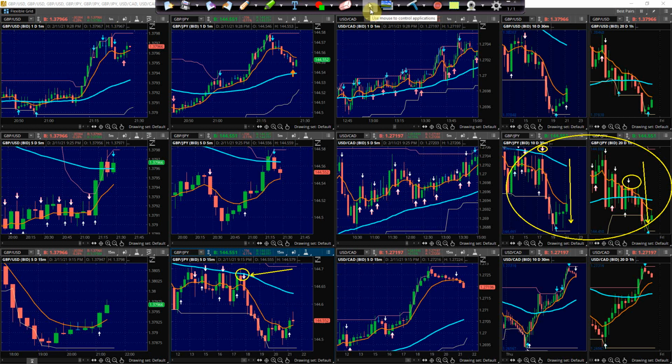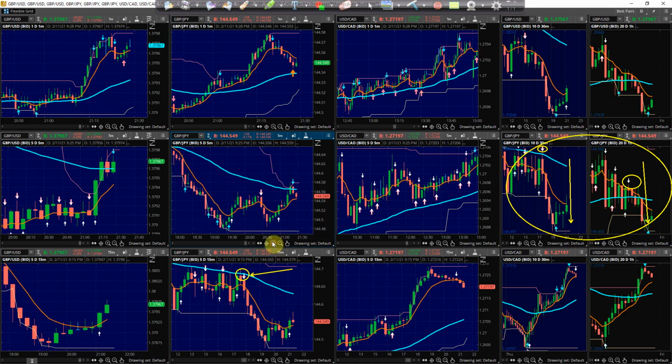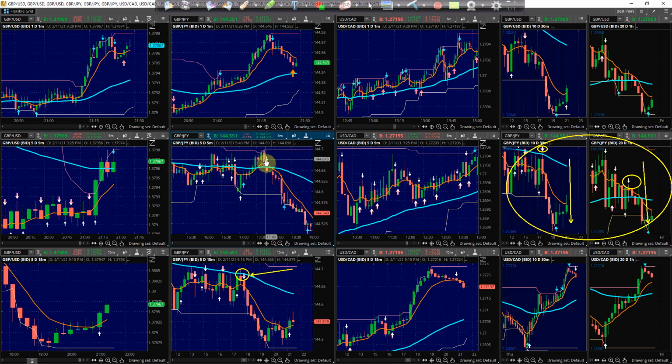So now how do we take this information and apply it to the charts? Very simple. We go to the 5-minute, and at 1800, as you can see, 1800 at the bottom here. The last white, pink, or super arrow is also pointing down. I'll zoom in here. It's also pointing down, with a white arrow pointing down.